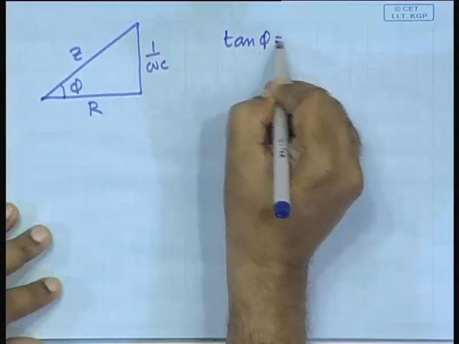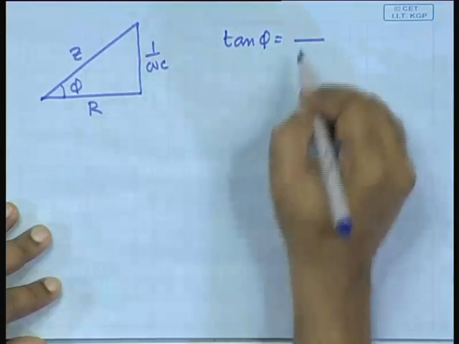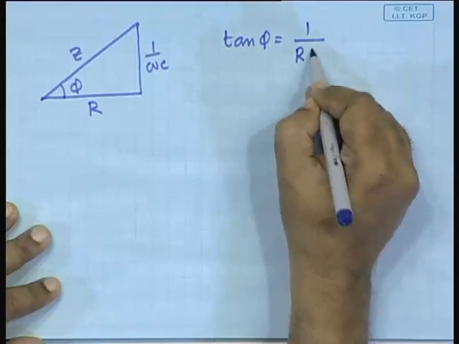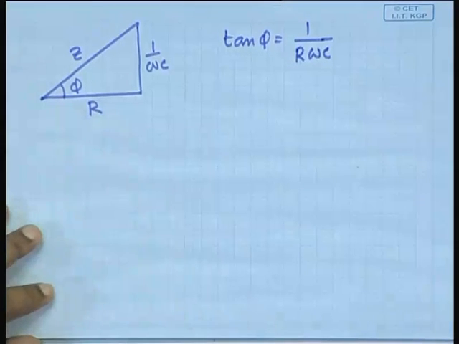By doing this manipulation, in that case your tan phi is 1 by r omega c. Fine. Okay.